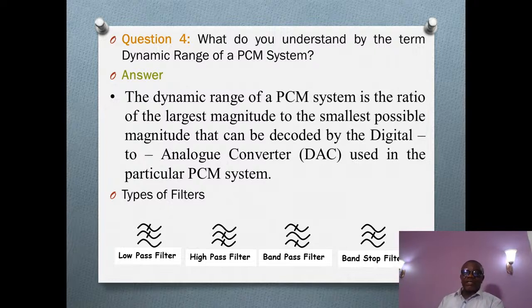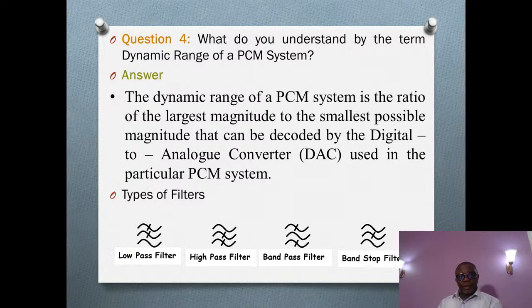Now, a low-pass filter is always represented in a circuit by that symbol where you have three of that, alternating voltage current symbol. The lowest one has no line crossing it. The two up ones have line crossing them.